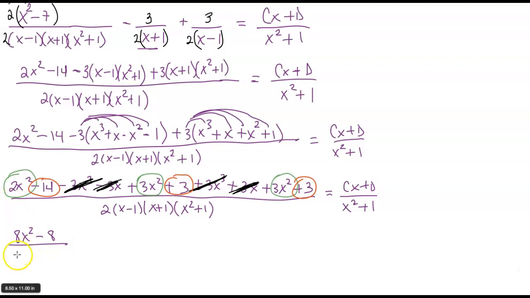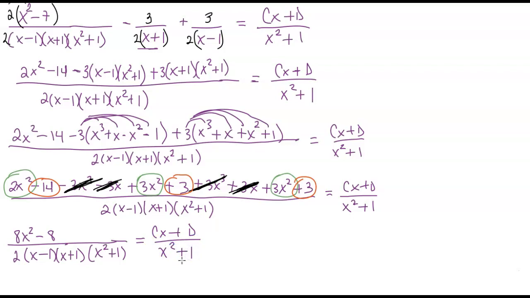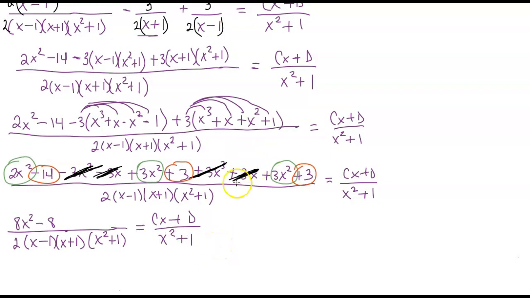And of course here we have this 2 times x minus 1 times x plus 1 times x squared plus 1. And that will be equal to all this. And so hopefully now you start to see where this will end up not canceling, but having factors that reduce to 1 here. So if we take our 8x squared minus 8, we know that that could work out to 8 times x squared minus 1.